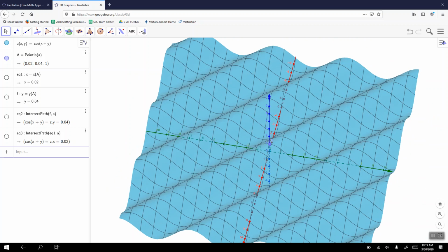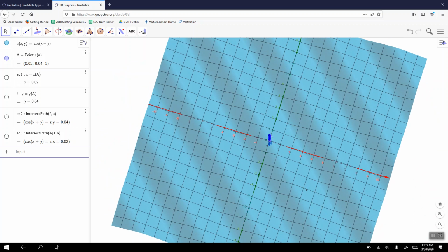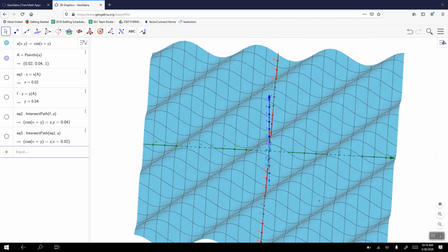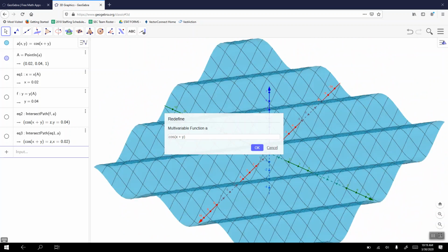The point 0, 0 in the x and y coordinate system would be somewhere around the origin. I tried my best to get it exactly at the origin, and that's the best I can do. For the purposes of this problem, we're going to assume that this ordered pair is already x and y being 0, 0, and that means the output would just be 1. So that's the three-dimensional coordinate system.